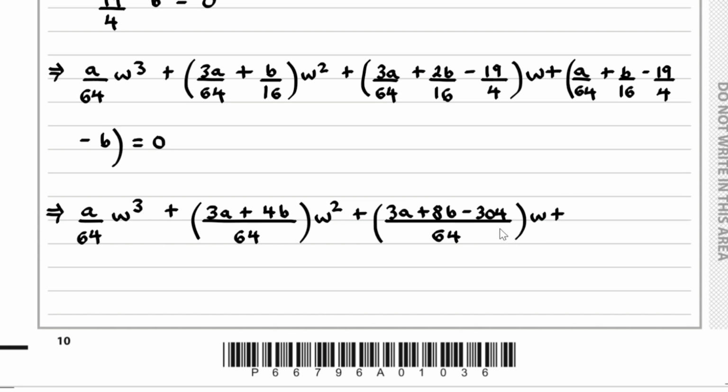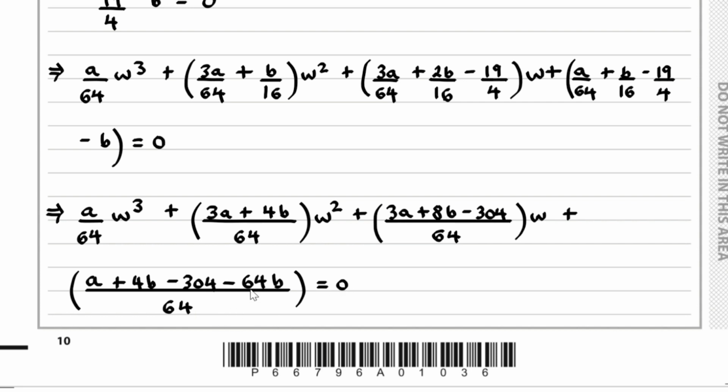And then the constant terms. We have A, and then here 4B, minus 304, minus 64B, all over 64. This is all equal to 0.